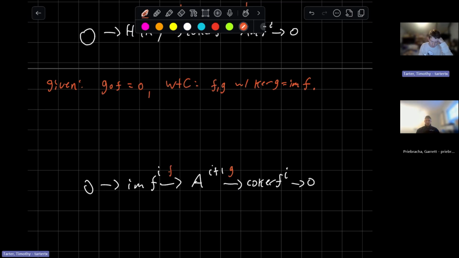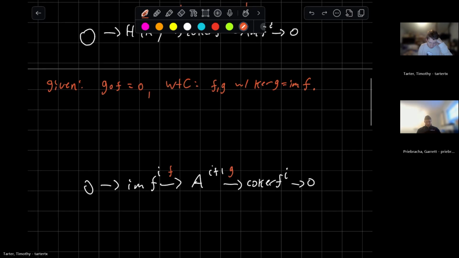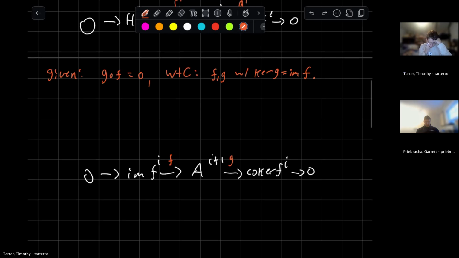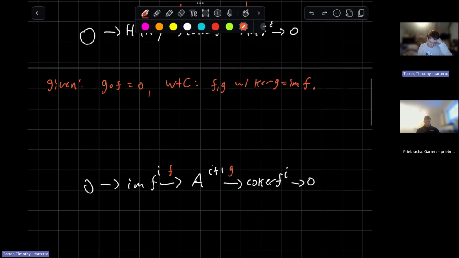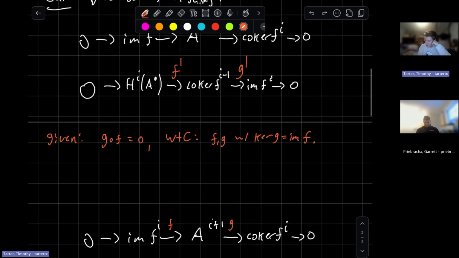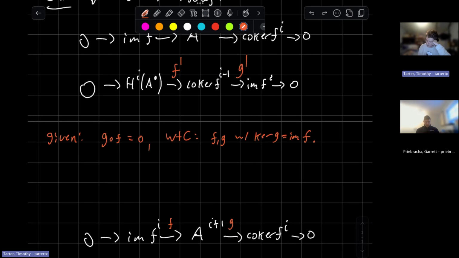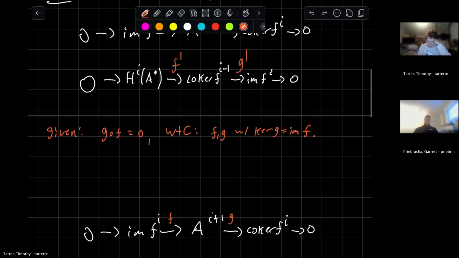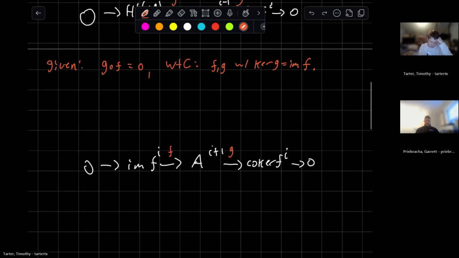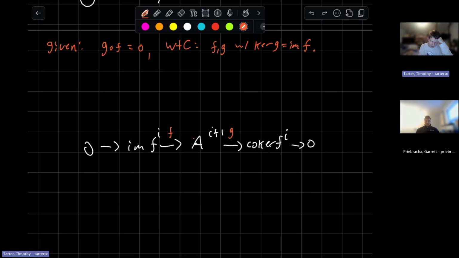In our regular chain complex, we know that the image of F within A overlaps with the kernel of G. Everything in A_{i+1} gets sent to 0 in the cokernel.